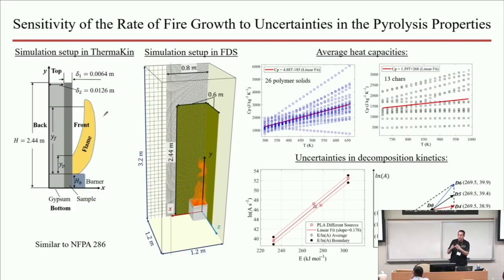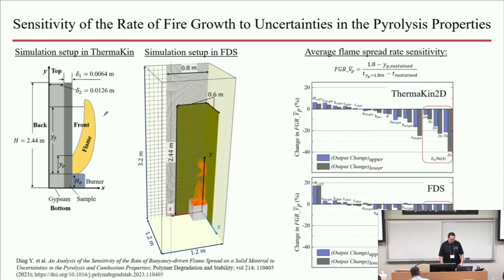As a result, A and E become coupled parameters, right? They're not completely independent of each other, and you have to take this coupling into account, and this is how it's analyzed here, shown on the right-hand side. So we take uncertainties in various parameters that we measured, uncertainties reported by the people that measured them, so that's probably a better estimate than the real uncertainties.